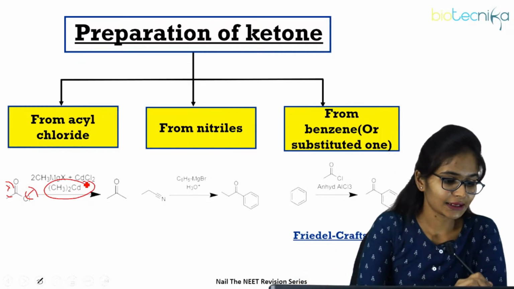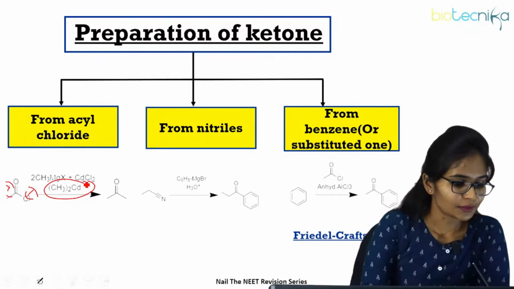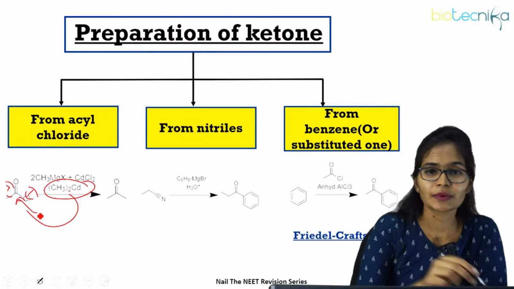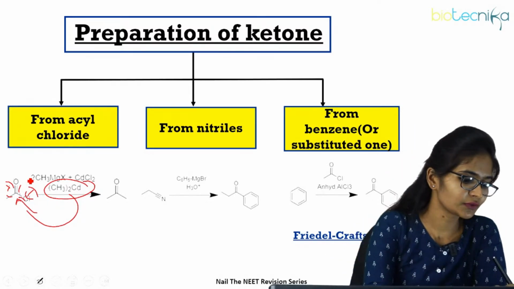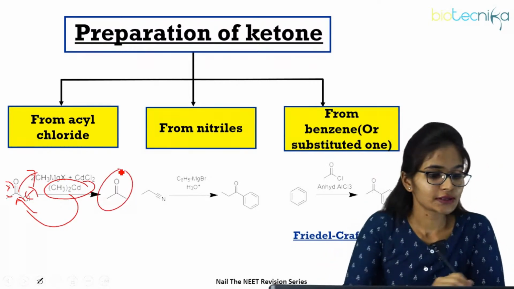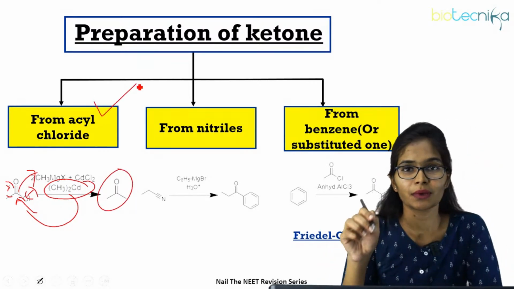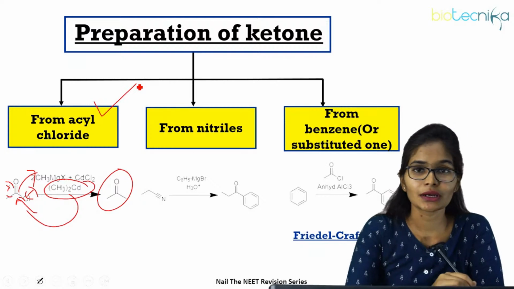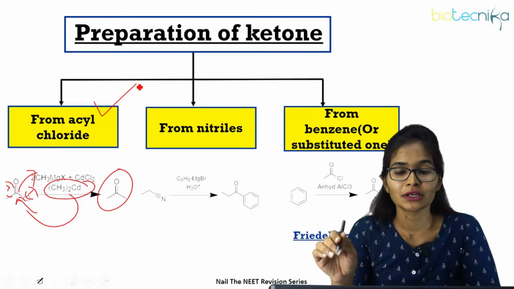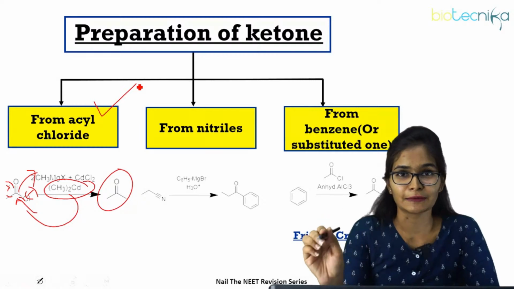This dialkyl cadmium adds to the carbonyl carbon, and simultaneously the chlorine goes out and you get ketone as a product. So this is the first preparation method, where you get ketone from acyl chloride upon treatment with dialkyl cadmium.